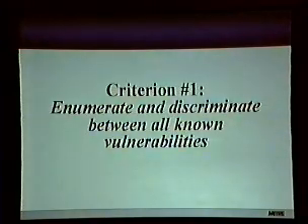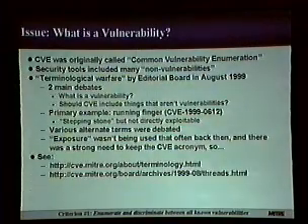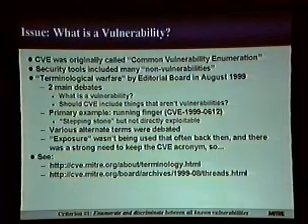So let's look at a little bit more detail at criterion 1, just list and discriminate between all known vulnerabilities. Well, one issue that crept up pretty early on was, well, what's a vulnerability in the first place? And while the Common Vulnerabilities and Exposures name that it has today is kind of clunky, once upon a time it used to be called Common Vulnerability Enumeration.